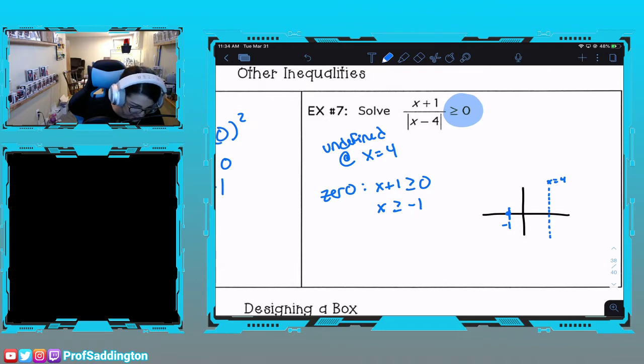And it's a multiplicity of 1. And since my x is positive, I know this is going... actually, let's do our sign table. So we have negative 1 and 4. If you pick something smaller than negative 1, I'm going to get a negative number. Between negative 1 and 4, I would get a positive number. I got my asymptote.